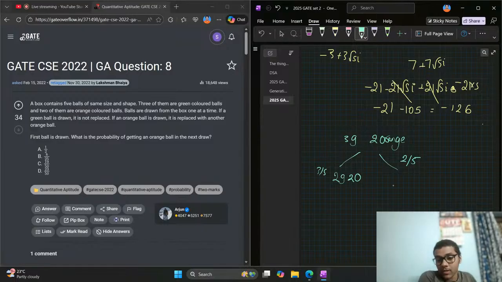Then there is 3 by 5 probability of it being left with two green and two orange. In that case, the drawing of an orange ball is 1 by 2. If that is the case, then it is 2 by 5.